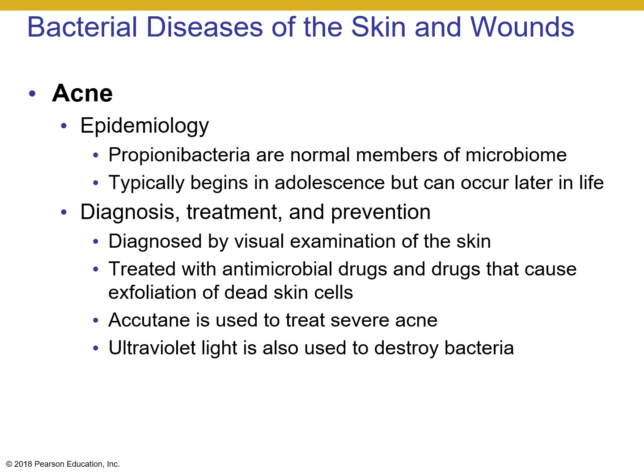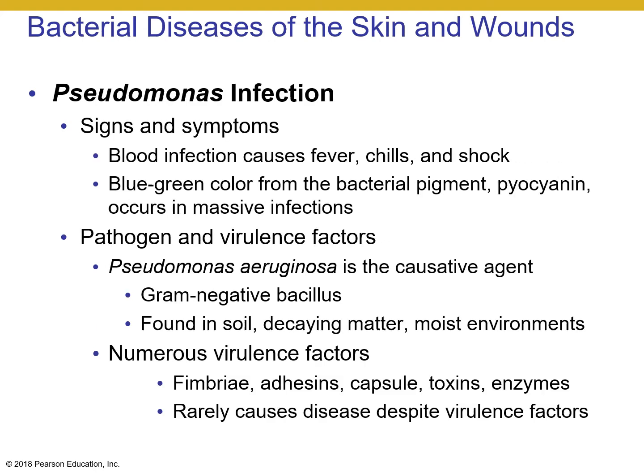It's what a lot of the scrubs do. Accutane is used to treat severe acne. And then sometimes UV light is used to destroy the bacteria. Problem with utilizing ultraviolet light is that, especially in those patients who have fair skin, they may develop melanoma later in life.